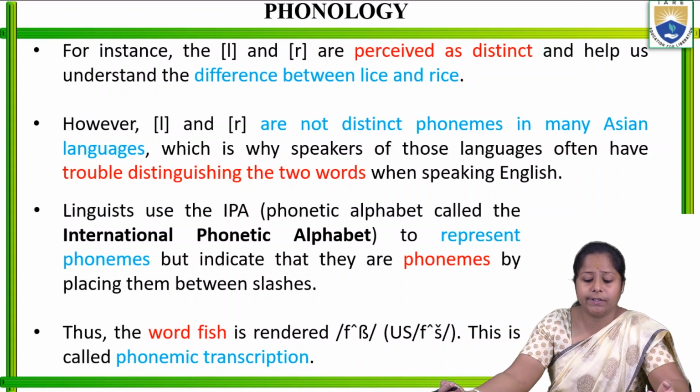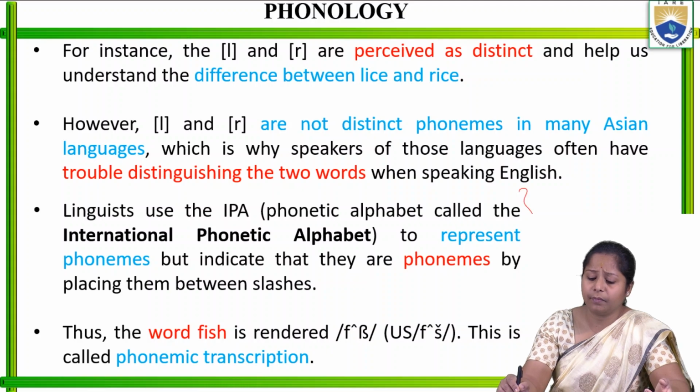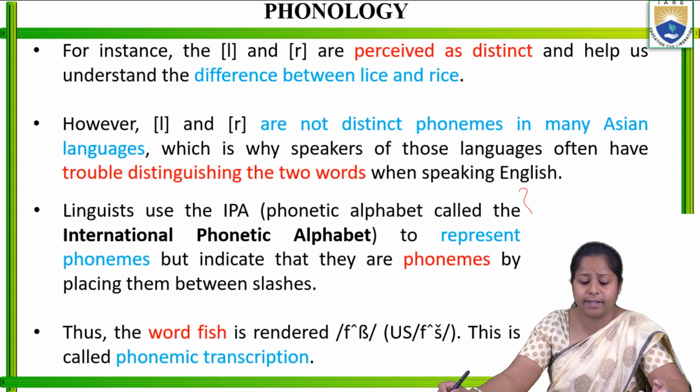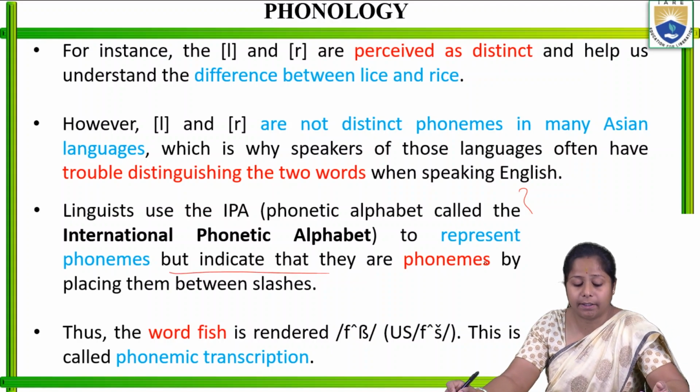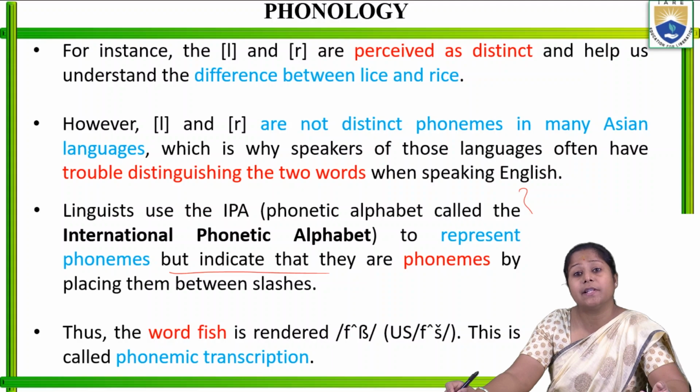Now come to linguistics. Linguists use a phonetic alphabet called the International Phonetic Alphabet, that is IPA. It represents phonemes, and indicates they are phonemes by placing them between slashes.